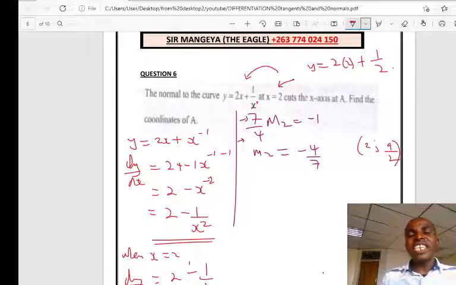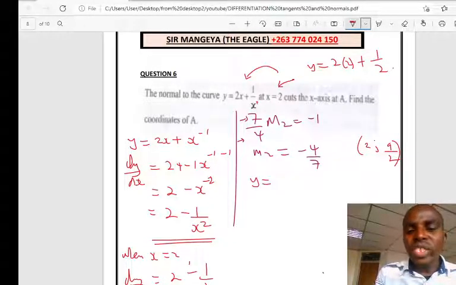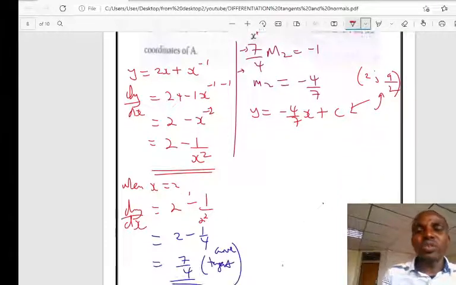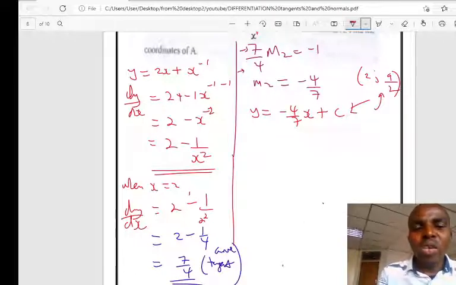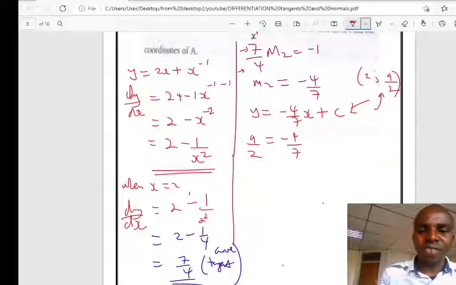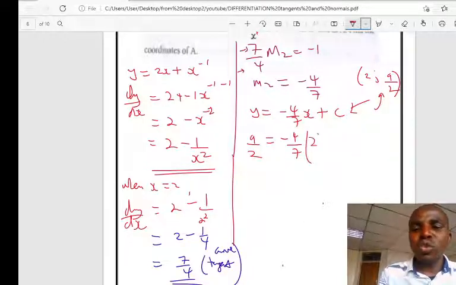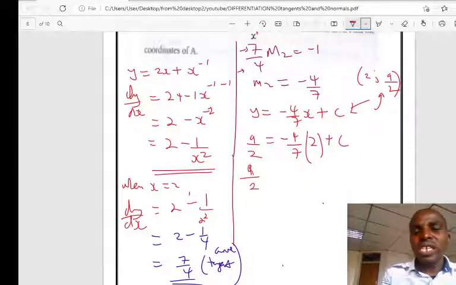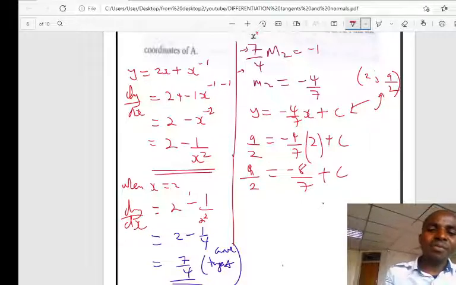Right, now I have the gradient, and I also have my point. The equation is y equals mx plus c, so y equals minus 4 over 7 x plus c. Now you have to find your c. Use these coordinates, 2 and 9 over 2. Where there's y, you put 9 over 2, is equal to minus 4 over 7, then where there's x, you put 2, plus c. It simplifies to 9 over 2 equals minus 8 over 7 plus c.